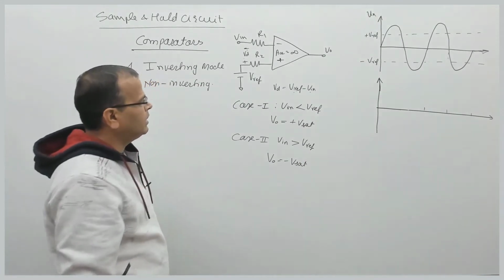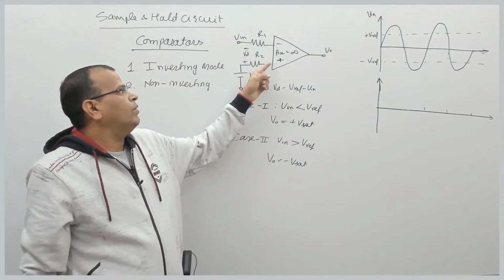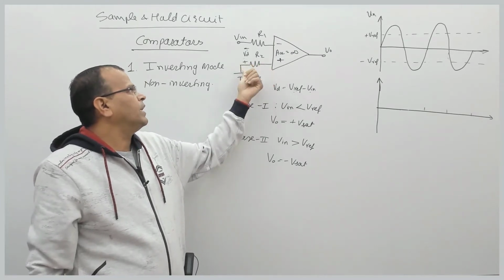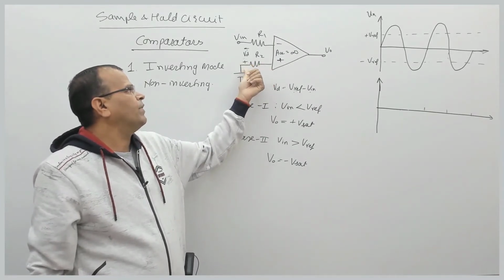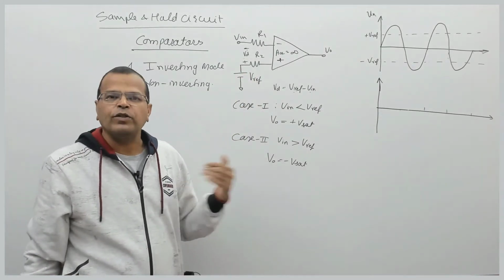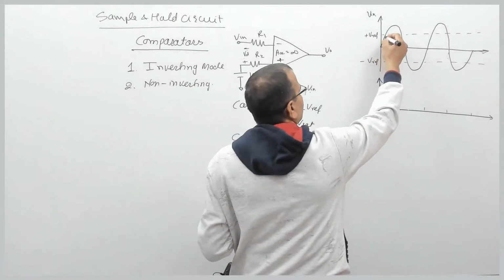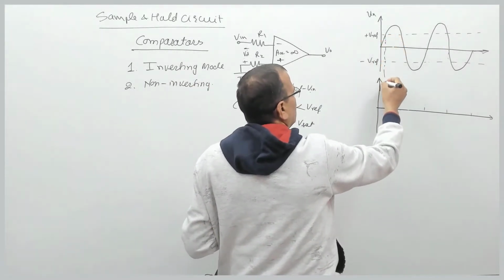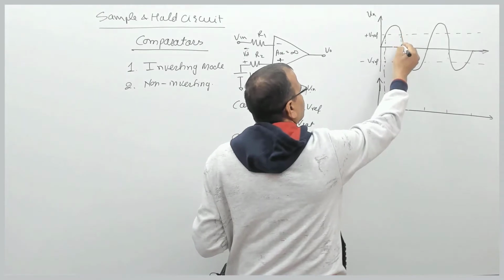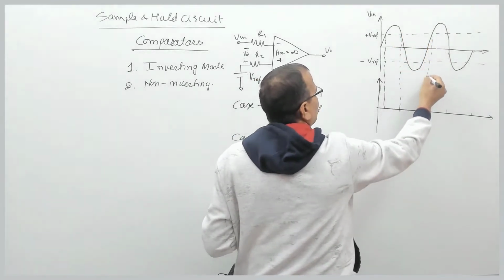Now see these cases carefully. When this positive terminal is connected to a positive reference voltage, we call it positive reference voltage. So the reference voltage is positive here, and we will draw the output with respect to the reference voltage and input voltage.